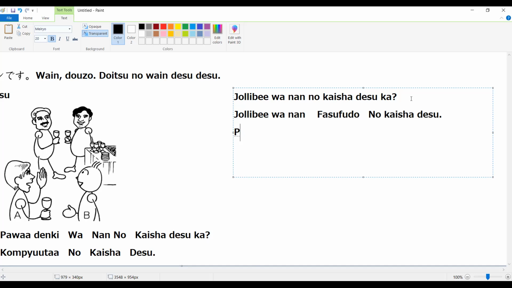はい、います。 ポケモンは何の会社ですか？ What is 会社？ 会社 is company. Okay, company. Very good. So how do you understand the question?